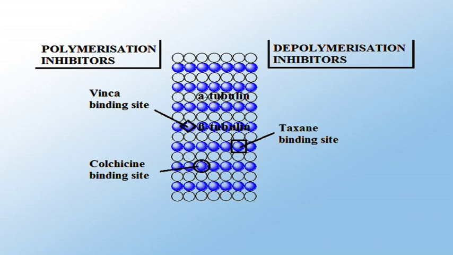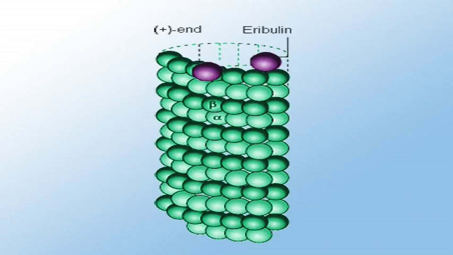The epothilones, for example, ixabepilone, work in a similar way to the taxanes. Nocodazole, vincristine, vinblastine from Catharanthus roseus, and colchicine have the opposite effect, blocking the polymerization of tubulin into microtubules. Eribulin binds to the positive growing end of the microtubules. Eribulin exerts its anti-cancer effects by triggering apoptosis of the cancer cells following prolonged and irreversible mitotic blockade.